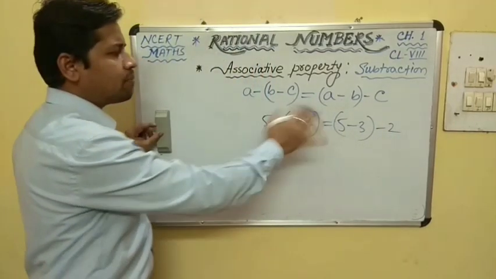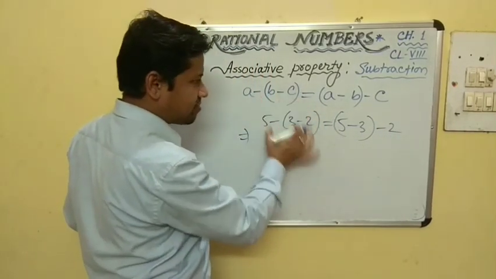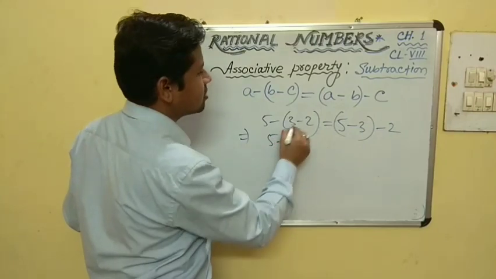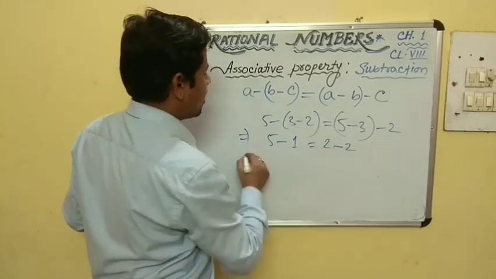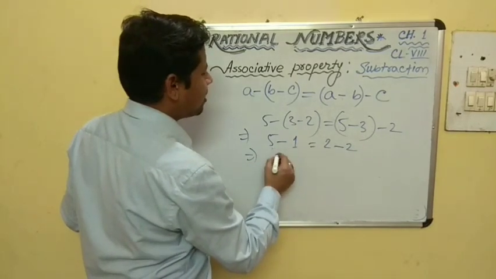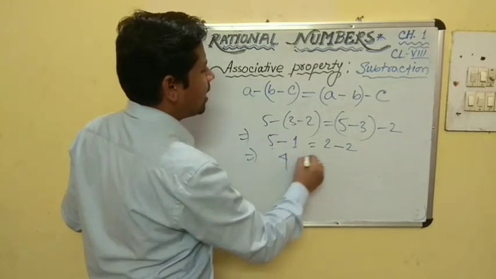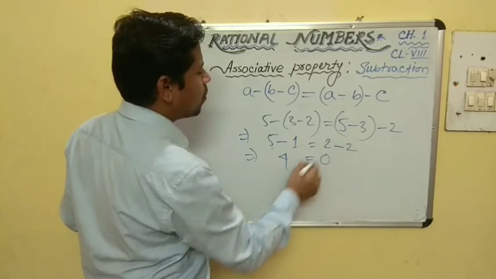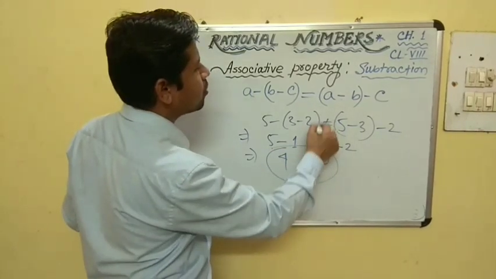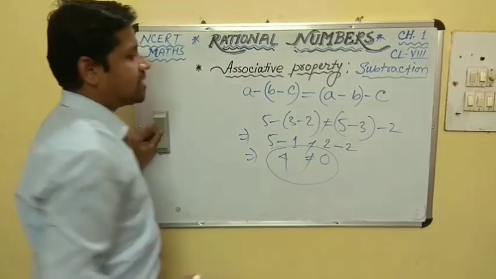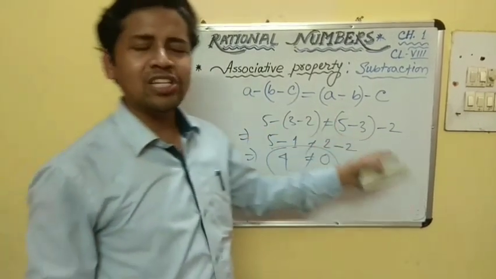Are they equal on both sides? On the left side, 5 minus (3 minus 2) is 5 minus 1, which is equal to 4, and on the right side, (5 minus 3) minus 2 is 2 minus 2, which is equal to 0. They are not equal. So we are saying that in case of whole numbers, it is not satisfied.